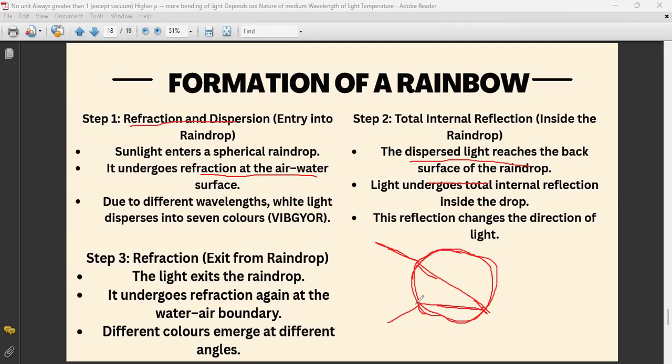So this was the water-air boundary. It undergoes refraction at the water-air boundary, and what we'll see here is the different color spectrum, and that is the last step by which the rainbow is formed.